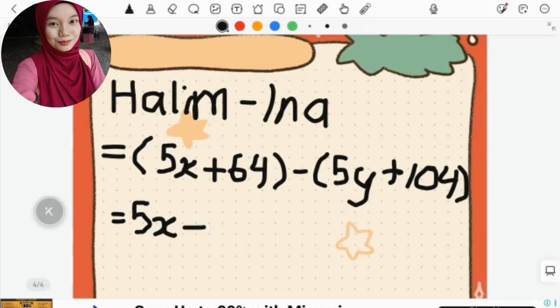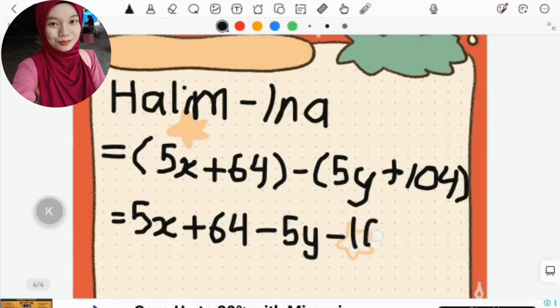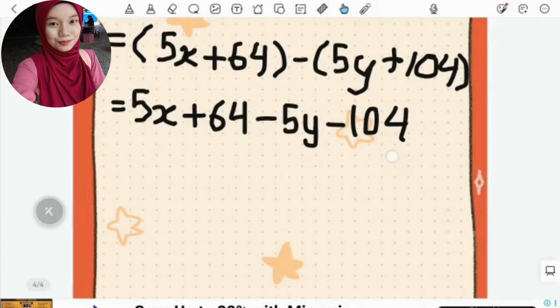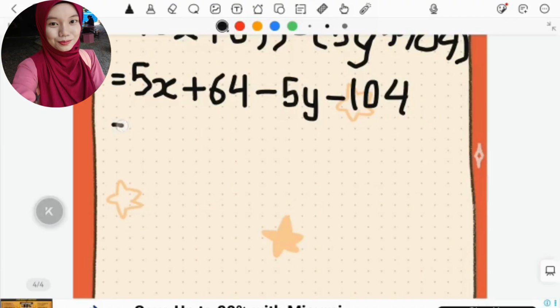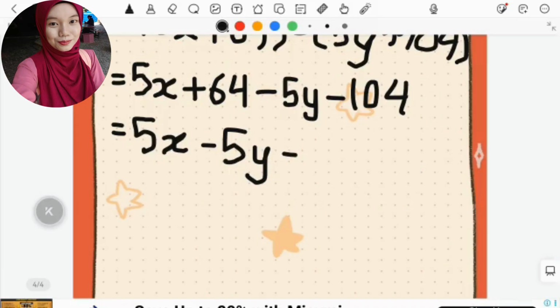If you notice, the symbol changes because we expand from the inner part, so then the symbol changes. And then we rearrange it into 5x minus 5y plus 64 minus 104.